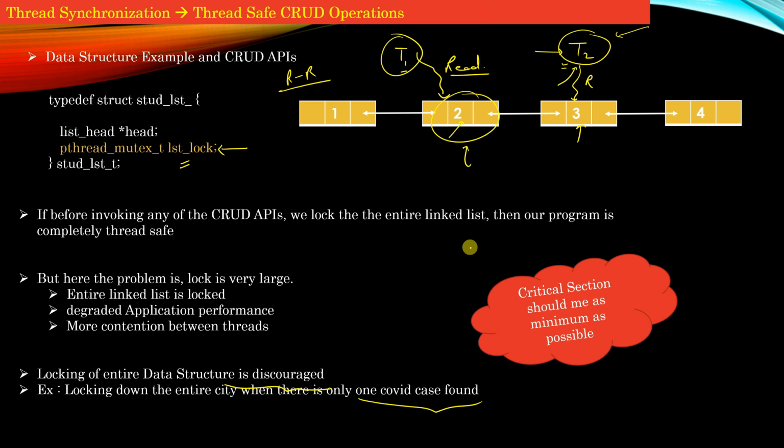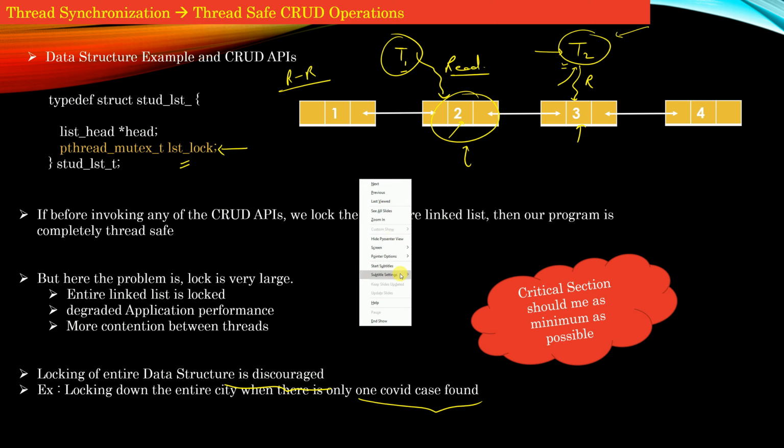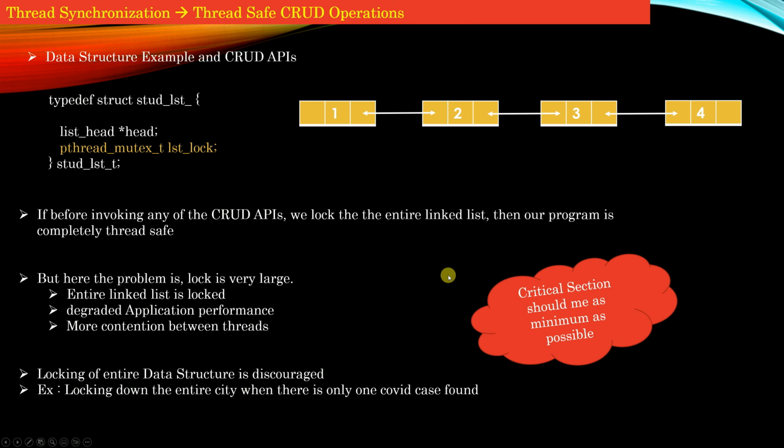Threads must block each other only when it is absolutely necessary to do so. Let's discuss another example. Thread T1 performs a read operation on the student whose roll number is 2, whereas thread T2 performs a write operation on the student whose roll number is 3.